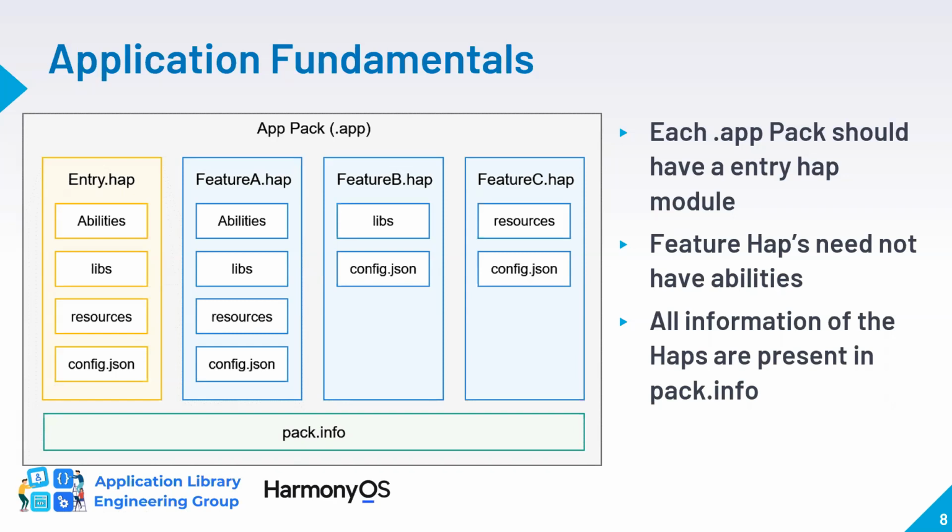So yeah, let's get into the details of it. And apart from this, there is one more terminology that you need to know, that is HAR, that is HarmonyOS ability resource.